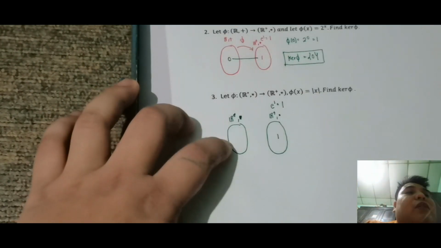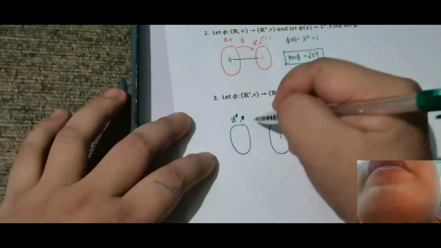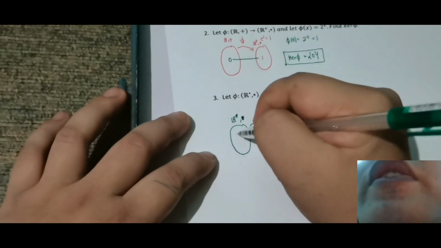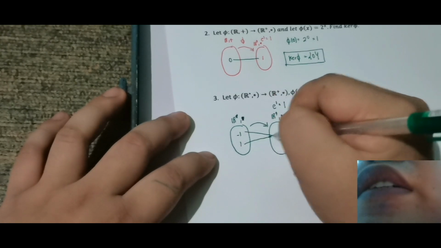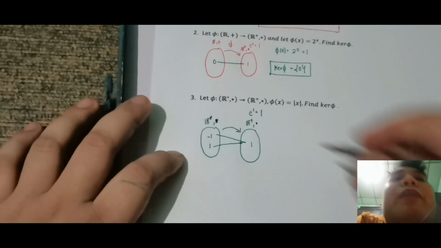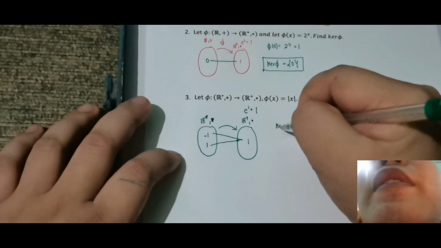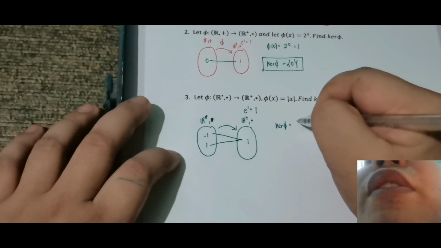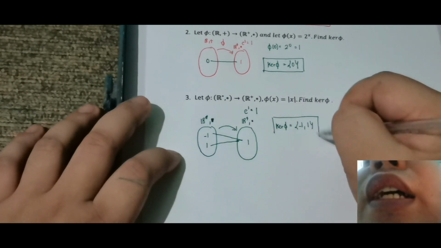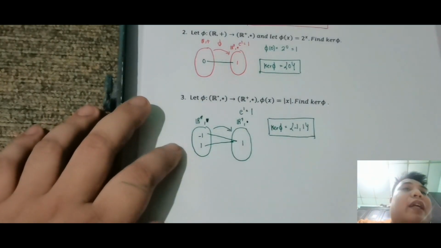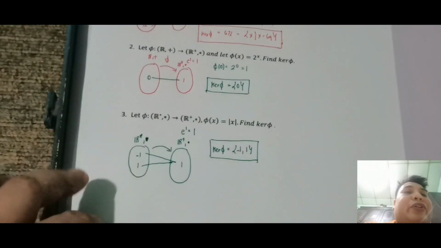So we all know na may dalawa dyan. Since absolute value yung ating homomorphism, yung negative 1 sa 1 na yan, magmamap lang sa kanya. Ayun lang. Natatangi. Tama? So therefore, ano yung Ker of P? Ker of P is just equal to the set containing negative 1 and 1. So this is the answer. Okay. So napakadali ni Ker P.